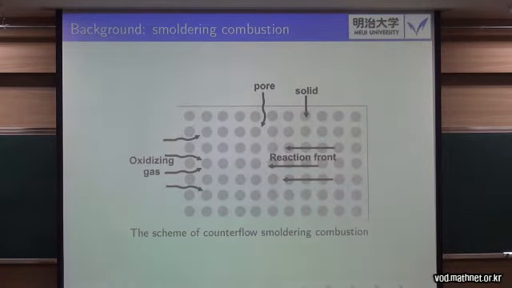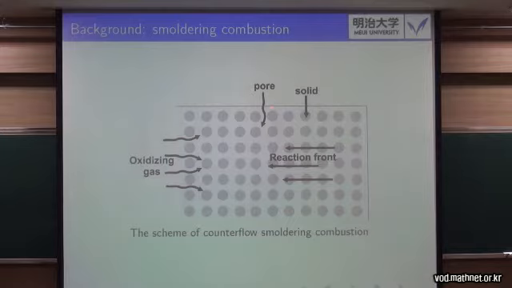So, we are basically interested in counterflow smoldering propagation, because there are different modes of this type of propagation, but here we want to focus on counterflow smoldering combustion. So what does that mean? It means that if we have a typical material, say this, and this material is considered to be porous in the sense that we can identify pores and also some solid materials.